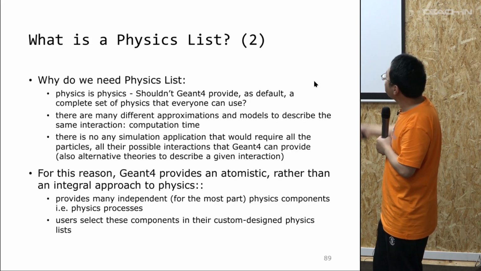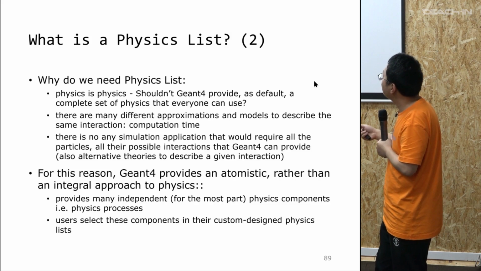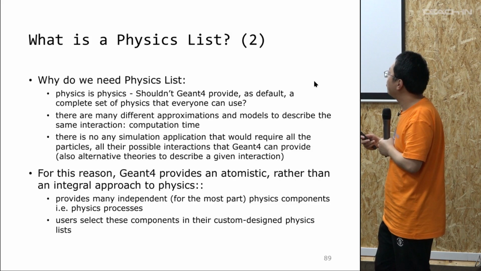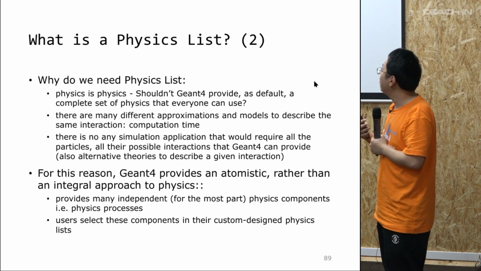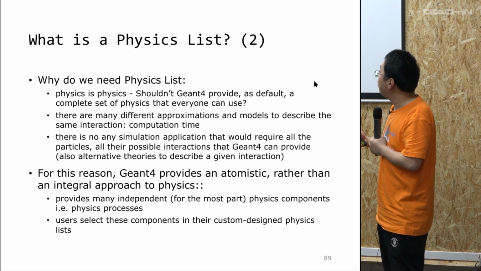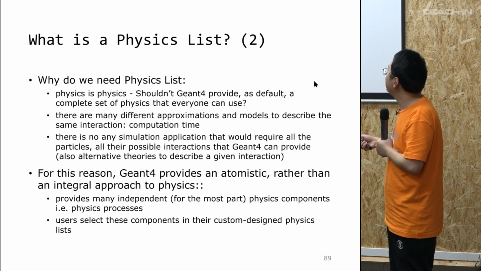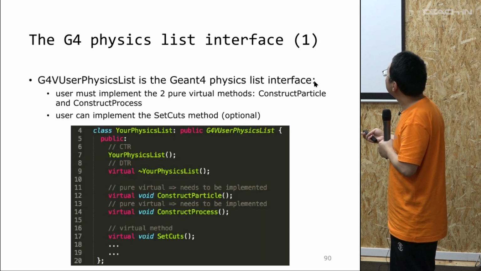Okay, so I think this is quite a technical part, but I just want to mention that because Geant4 itself wants to provide a framework, it provides user flexibility. So that's why by default, Geant4 doesn't provide a fixed physics list. So that's why you need to do some customization. I think we can go to the next.